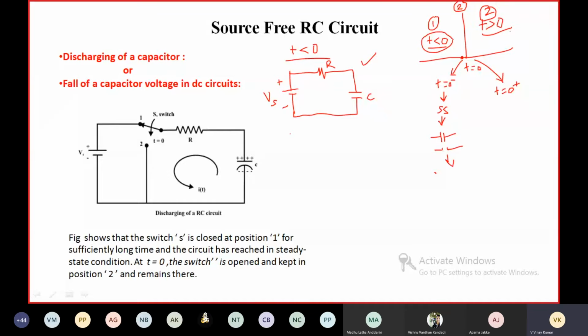For t greater than 0, steady state occurs when time approaches infinity. That is, at t equal to infinity, steady state occurs. Under steady state DC voltage, the capacitor again acts as an open circuit.